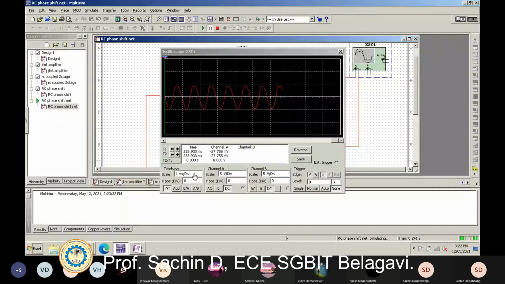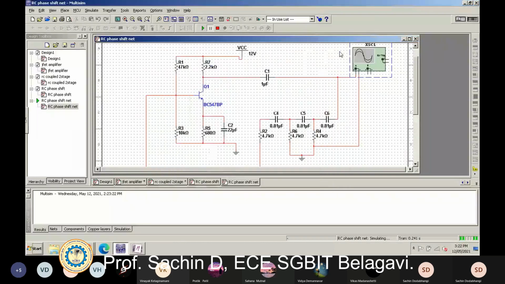So practically you are getting 1 kilohertz. This is the case with the oscillator.